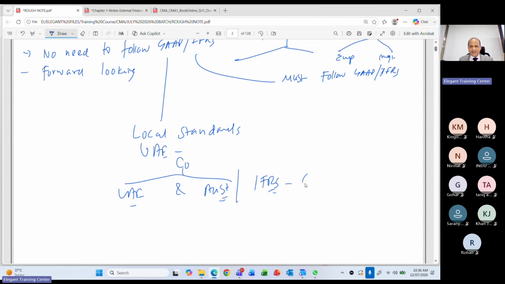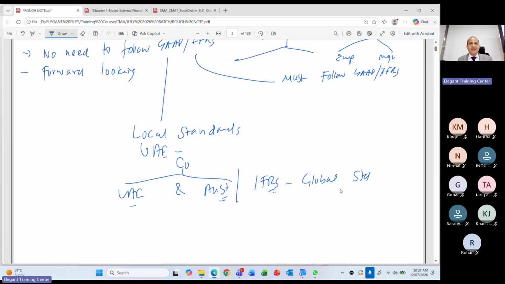So IFRS is called global standards. If your company follows IFRS, it means they don't have to make separate financials for Australia, separate for Sri Lanka, separate for India. So basically local companies follow local standards.